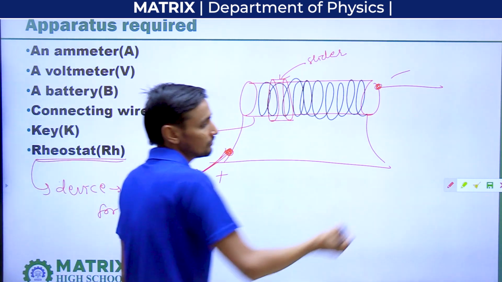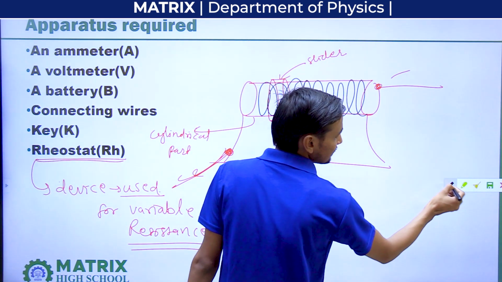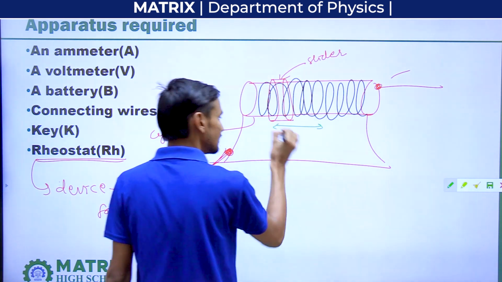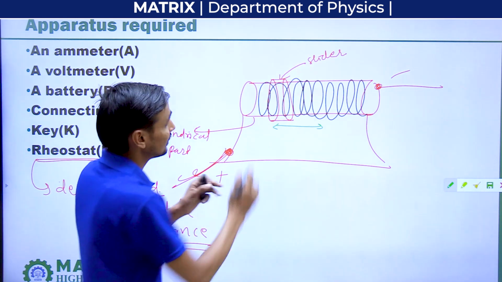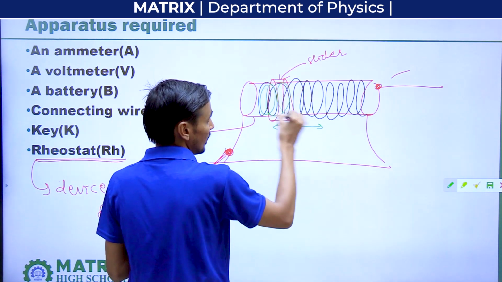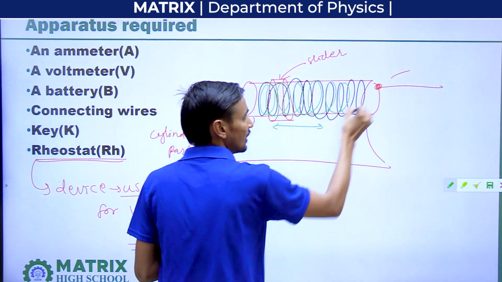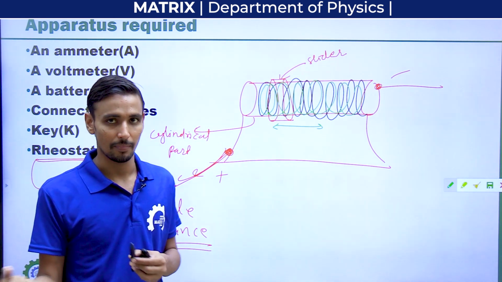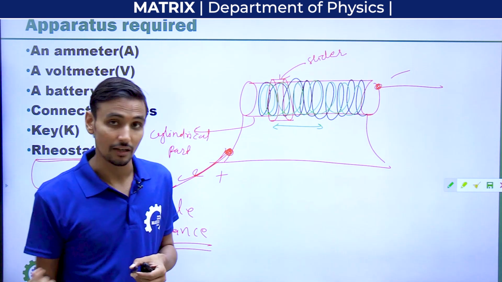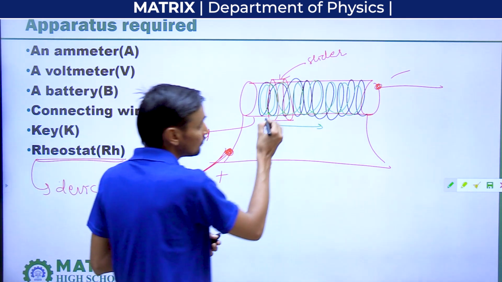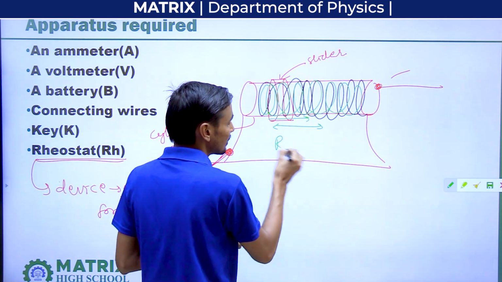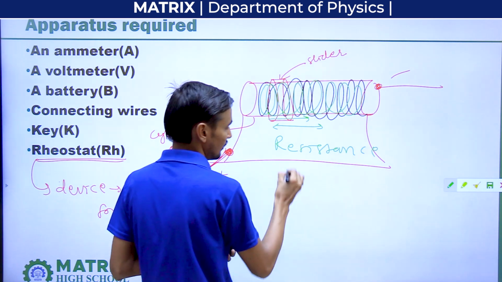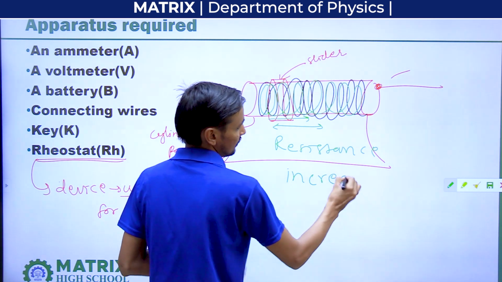So how will this work? As this slider is moved, the wires accumulating on the cylindrical part are increased in the circuit. So when we move the slider, resistance increases in the circuit.